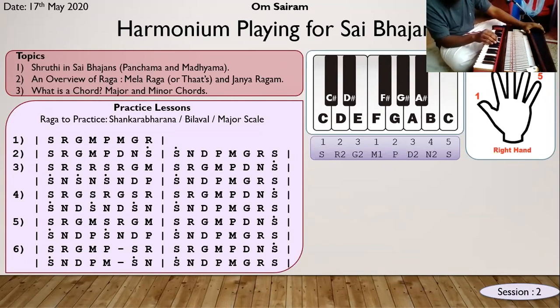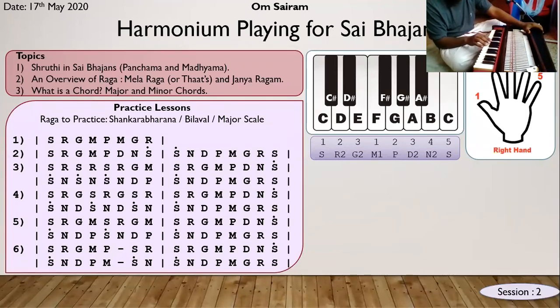For example, if I take the first key as C sharp, the fourth key becomes E, the fifth key becomes F, and the eighth key becomes G sharp. So all notes are moved one note up. This is a major chord, and then minor chord would be C sharp, E, and G sharp.